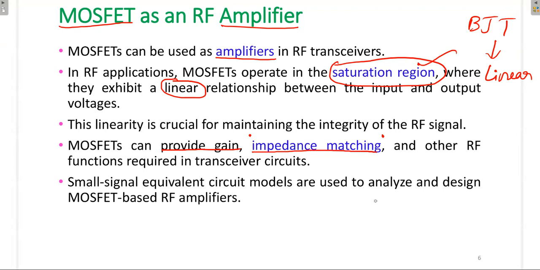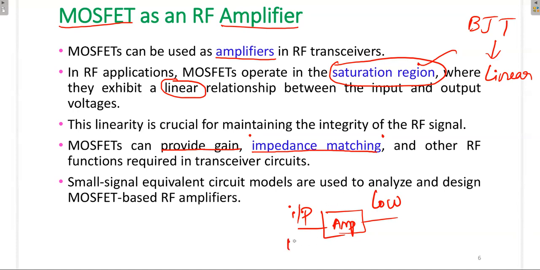So for a good amplifier, usually it should have high input impedance and low output impedance. By default, this MOSFET is providing these characteristics. So it is used for impedance matching, inherently providing the impedance matching both at the input and at the output.